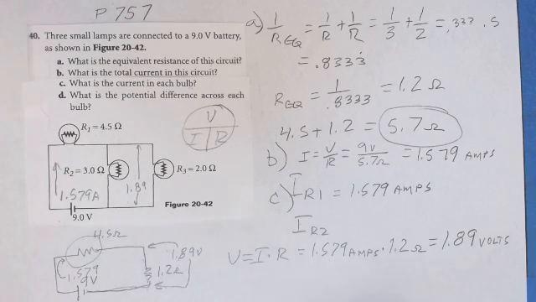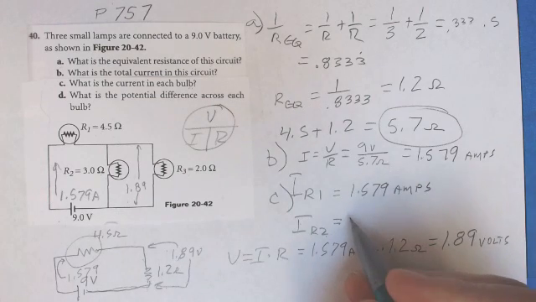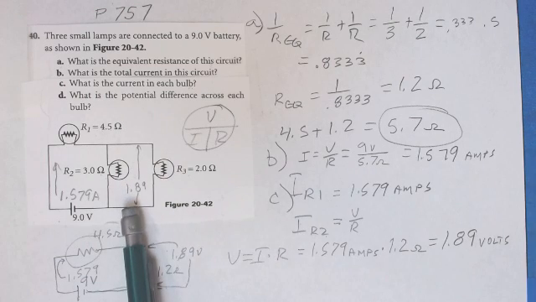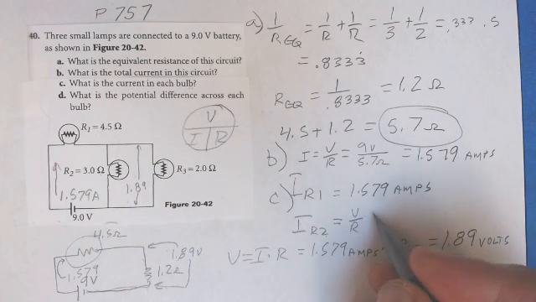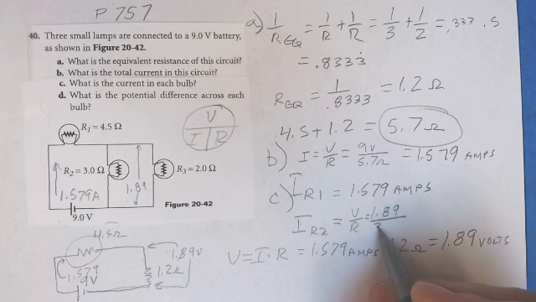So now the I of R2, going back to our circle there, I equal V over R, and the V is what's across this bulb, which would be 1.89, and R of R2, there's R2 to this bulb, 3 ohms.